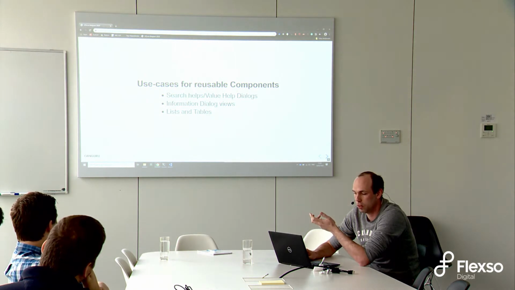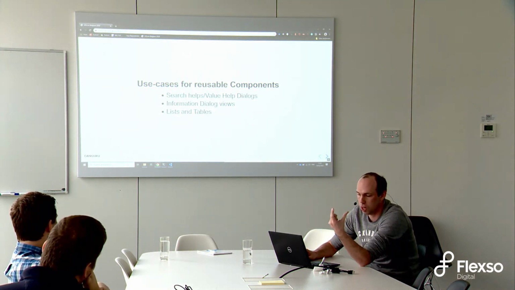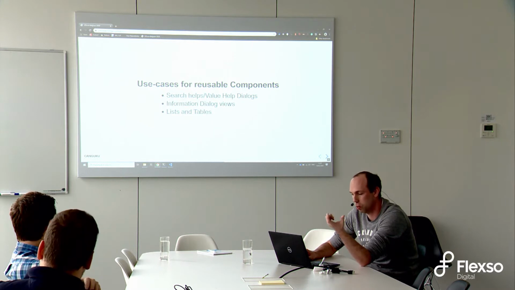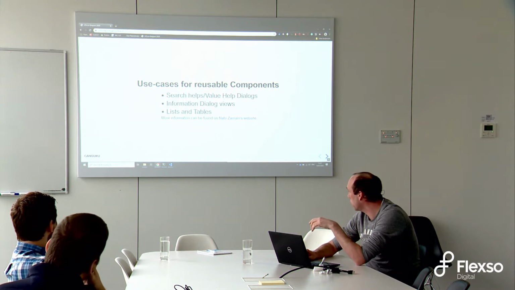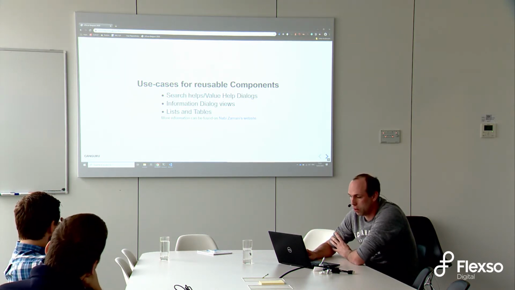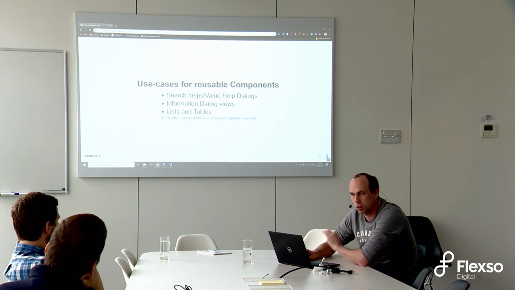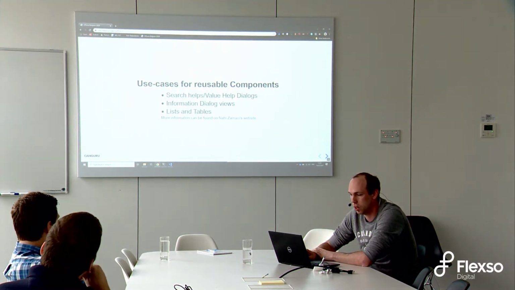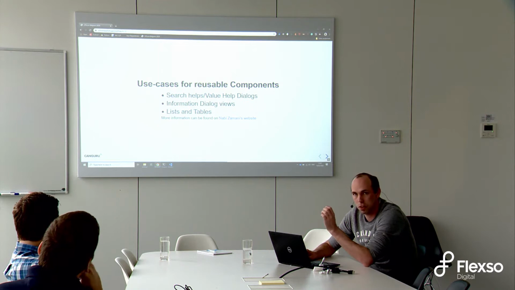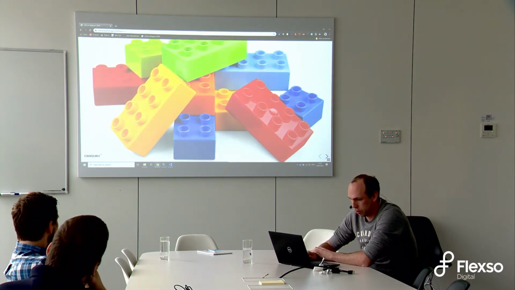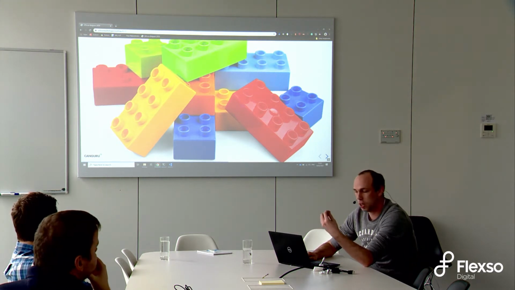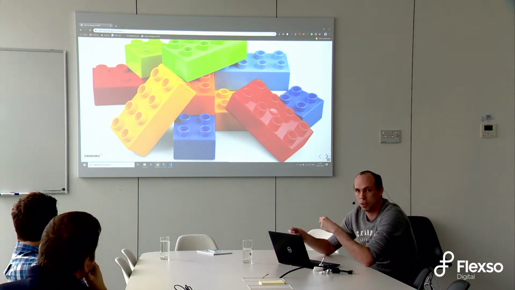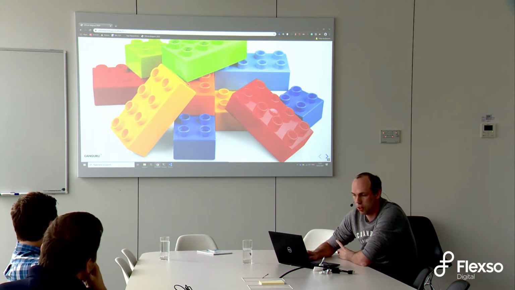So then you only write your table and your list and the implementations once. If you want more information and getting started, Nabi Zamani on his website has an excellent blog with all the steps and all the details about the use cases and the steps to get you started. So actually, reusable components are like Lego blocks. You take them and put everything together, and then you can build a nice house, for example. In our case, a nice application.